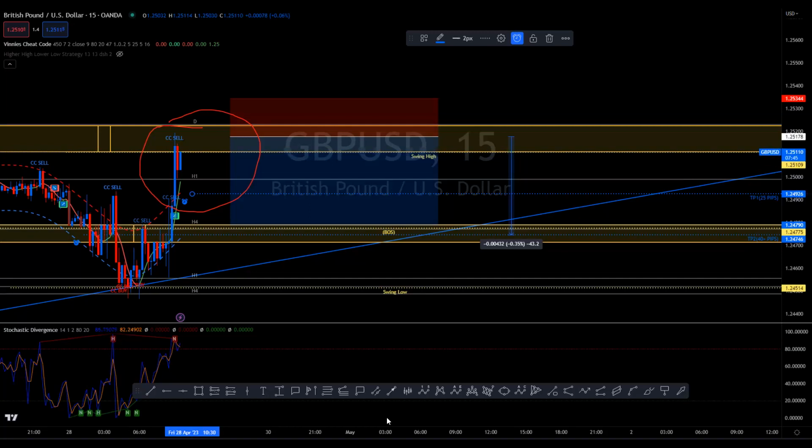Once it hits, that's previous structure there. You see it's struggling to hit that area. Hoping you do it.